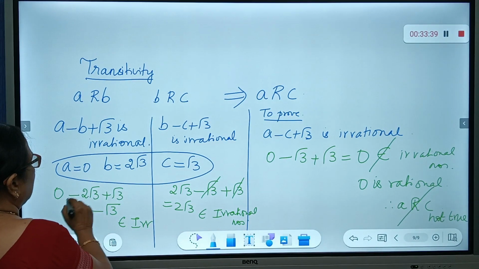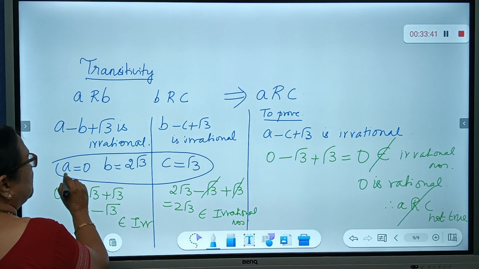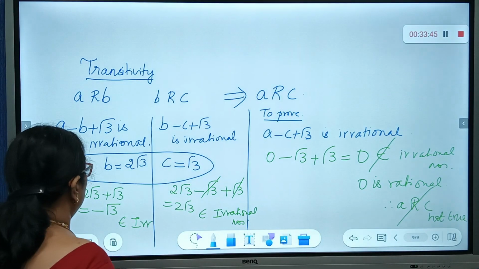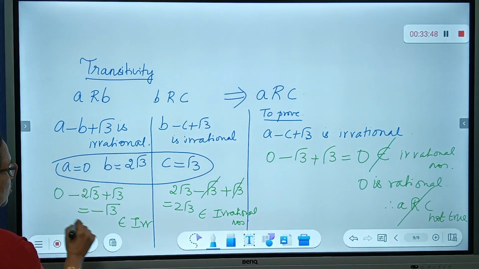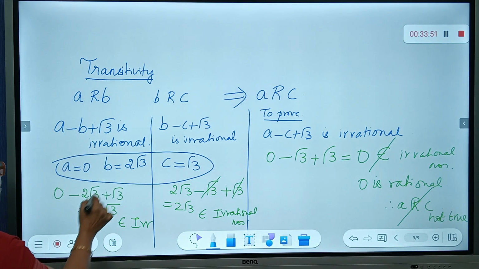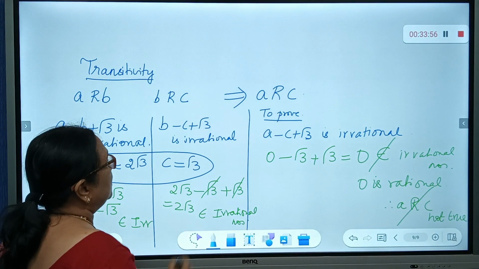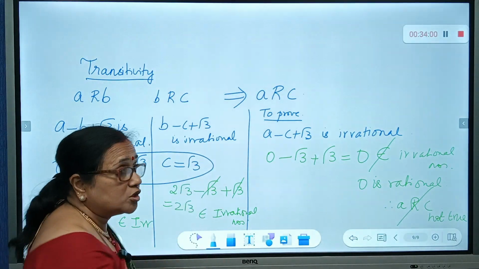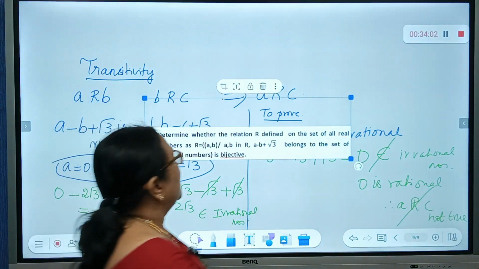So I have taken different values for A, B and C. A as 0, B as 2 root 3, C as root 3. Now A minus B plus root 3 gives me minus root 3. 0 minus B will be minus 2 root 3, plus root 3, which is an irrational number. B minus C plus root 3, if I simplify, I get 2 root 3, which is also an irrational number.